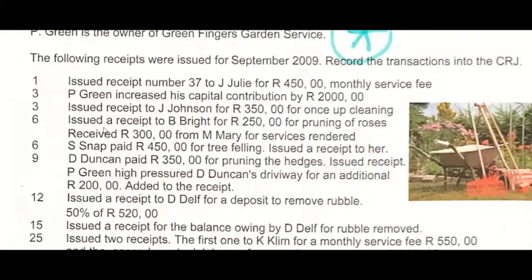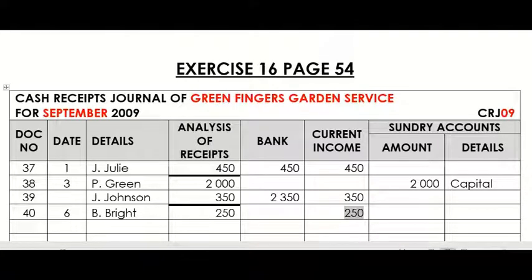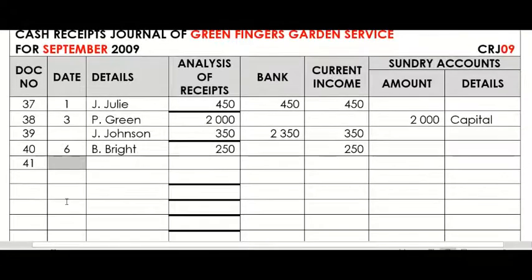The next one was from M. Mary for services rendered, but what I've just noticed right now is that there's another one on the 6th. So M. Mary is still not the last transaction for the day. M. Mary will get receipt number 41. We don't write the 6th again because it's still on the same day. Okay, so we skip this block. We will write M. Mary under details. She paid us 300 Rand for services rendered, so it will also go to current income.